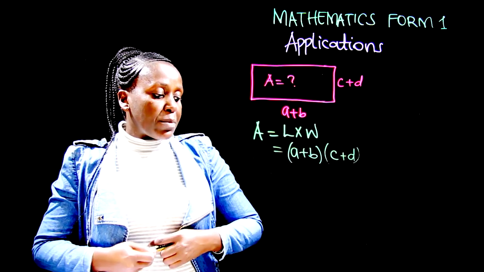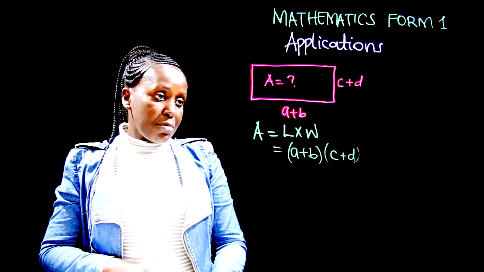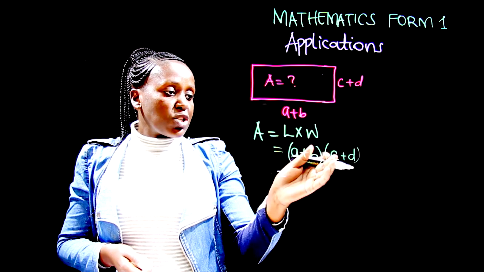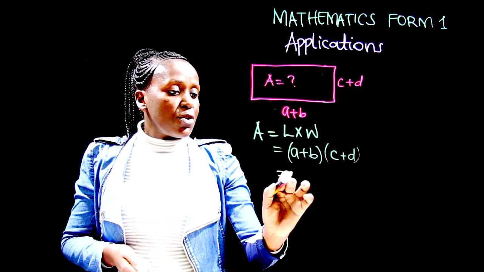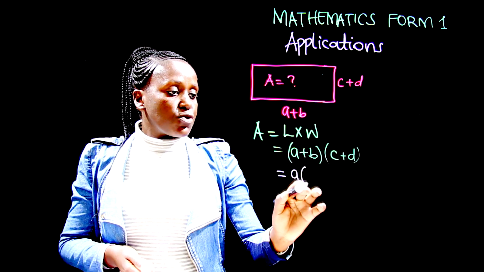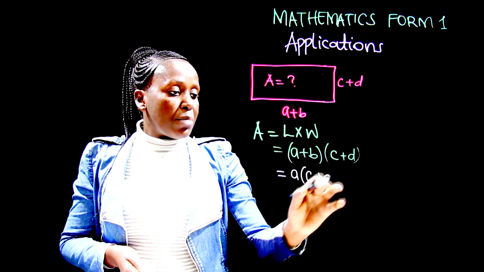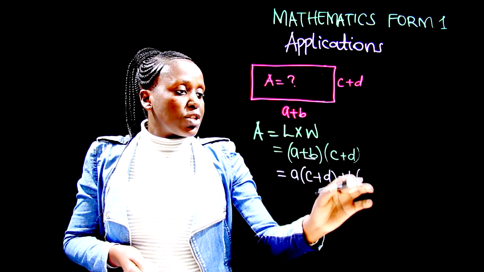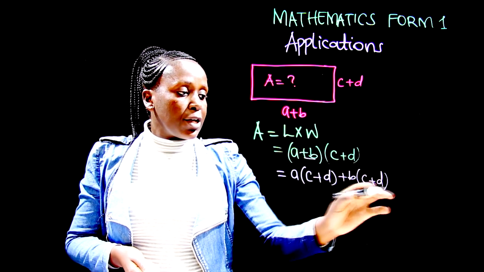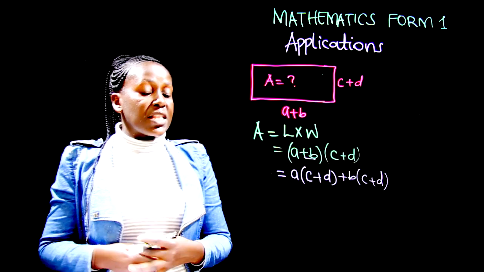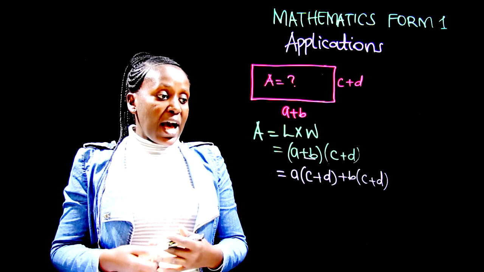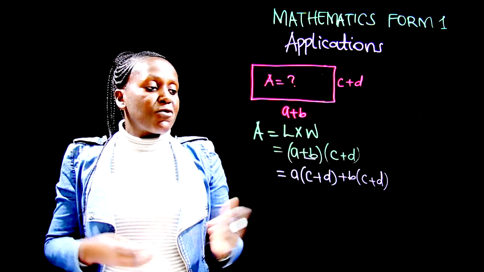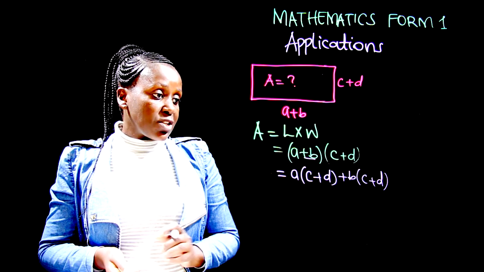So when it comes to multiplying them, we must open the brackets. So since a plus b is multiplying c plus d, we will have a into brackets c plus d, then plus b multiplied by c plus d. So you see, this question is testing the knowledge of expansion. Are you able to expand? Are you able to remove brackets from algebraic expressions?